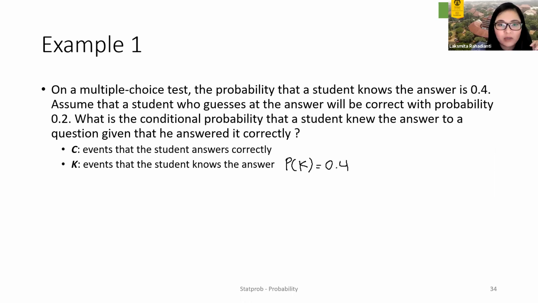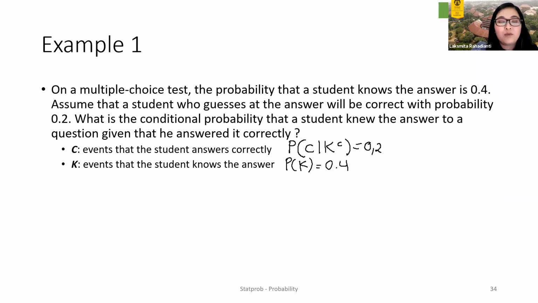That one is straightforward. Assume that a student who guesses the answer will be correct with a probability of 0.2. Here we use some logic. If you're guessing, that means you probably don't really know the answer. So in this case, the probability of a student answering correctly when they do not know the answer is 0.2.